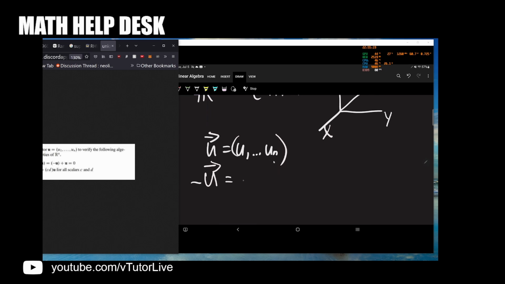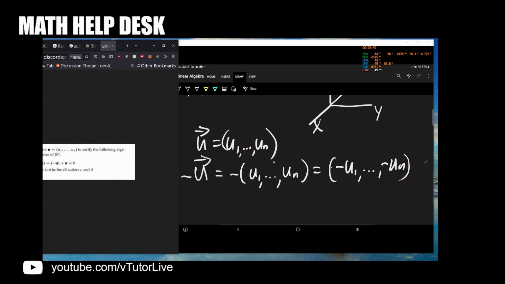So negative u is basically minus u1, and so on. I'm forgetting to write my commas. Any issues with this? Negative u is just taking each of these individual u1, u2, u3, and making them negative.